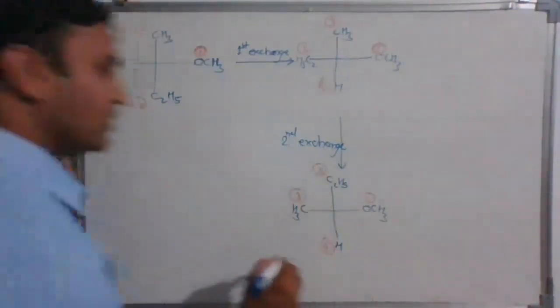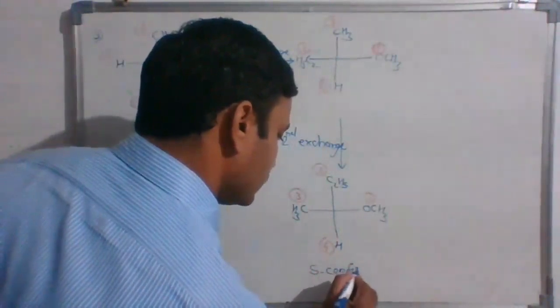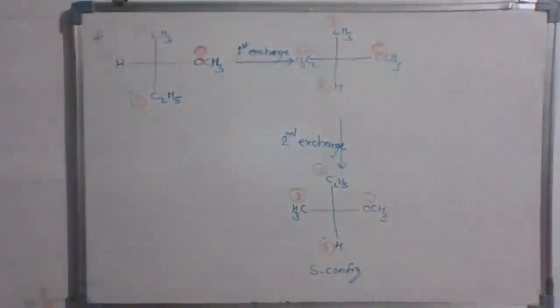And therefore, configuration is S configuration. So in this way, we can assign configuration to the chiral center.